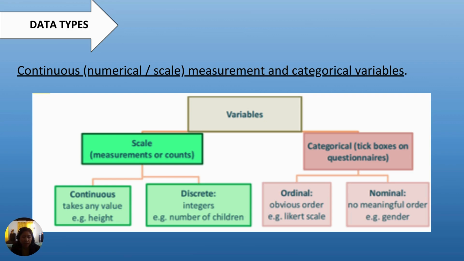Continuous and the discrete. When we talk about continuous variables, these are numbers that can take any value within a range, including decimals and fractions. You typically measure these with tools like a ruler, stopwatch, or thermometer, or even grades or scores.